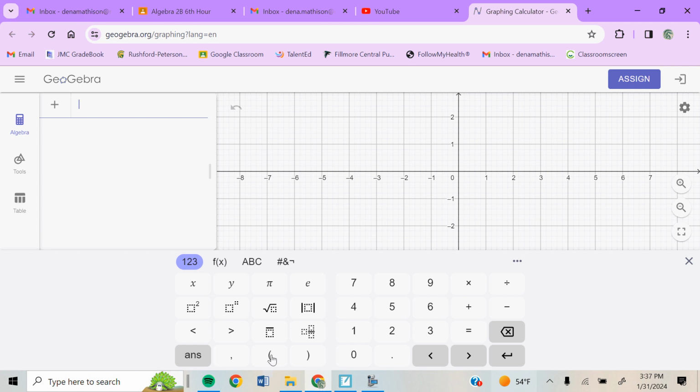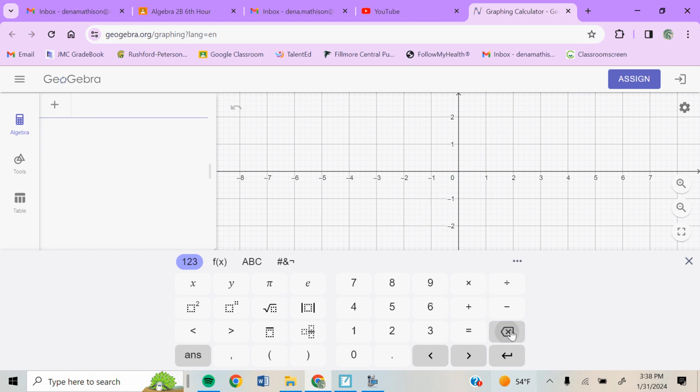And so it's y equals x minus 1 divided by x minus 2. So I have to put a parenthesis in, and then I have to do my x minus 1. And then I want to arrow over, so I'm over that. And then divide. If I don't put that numerator in parentheses, it's going to do x minus 1, and then I'm going to divide just the one piece by that.